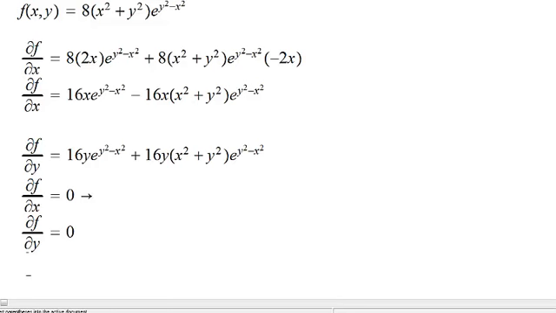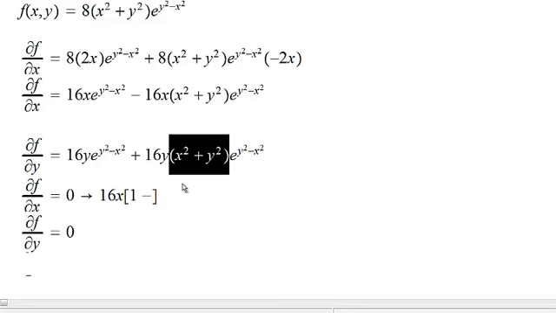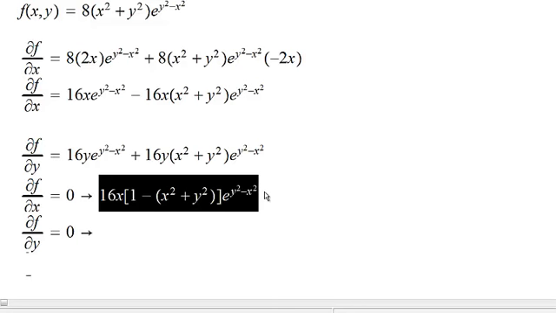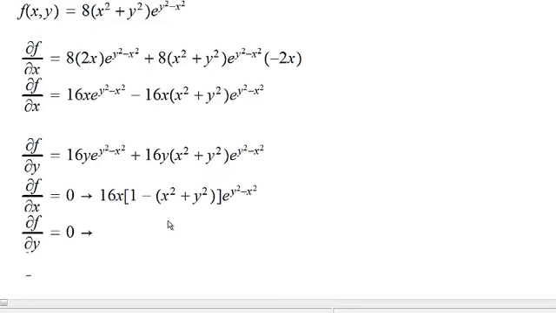Let's write it down. So we have 16x as a common factor here, isn't it? Notice this here and this. And then we got 1 minus, now it's getting to look nicer, right? So this is what this gives us. And then here we get the same kind of thing.